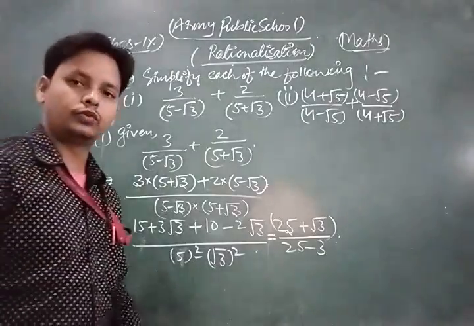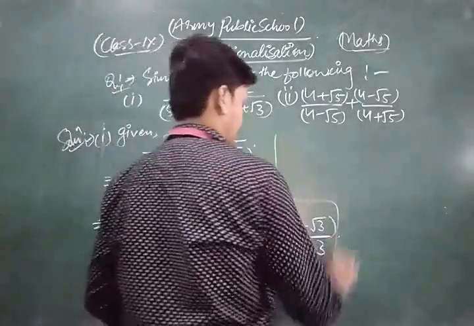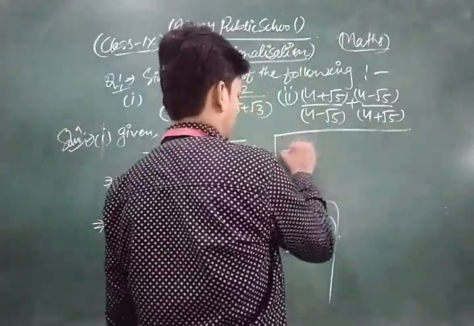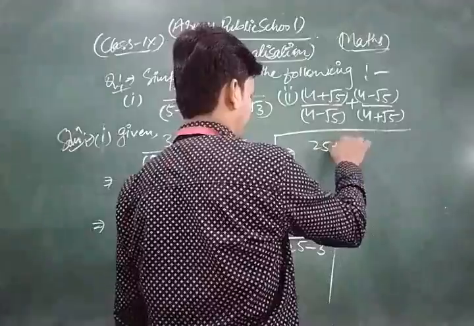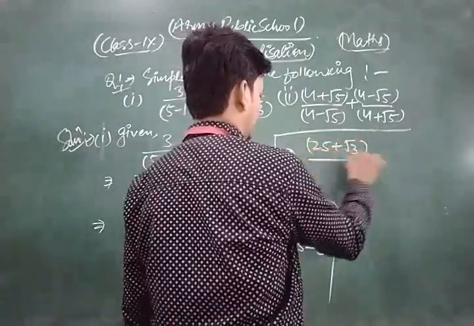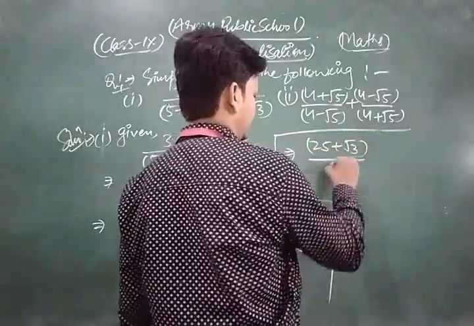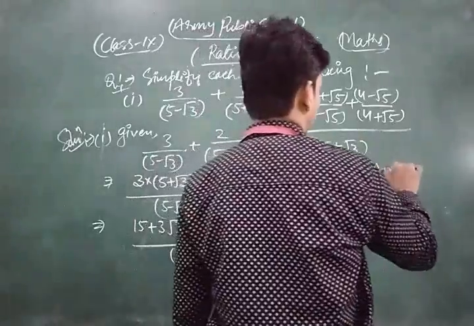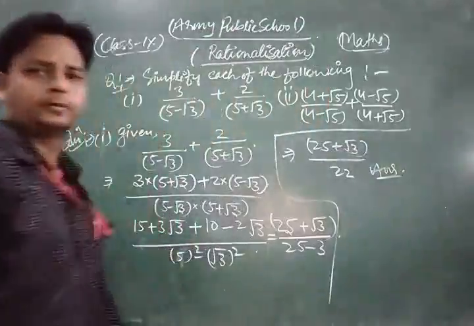Okay, so we get 25 plus root 3 upon 25 minus 3, that is 22. This is the required solution.